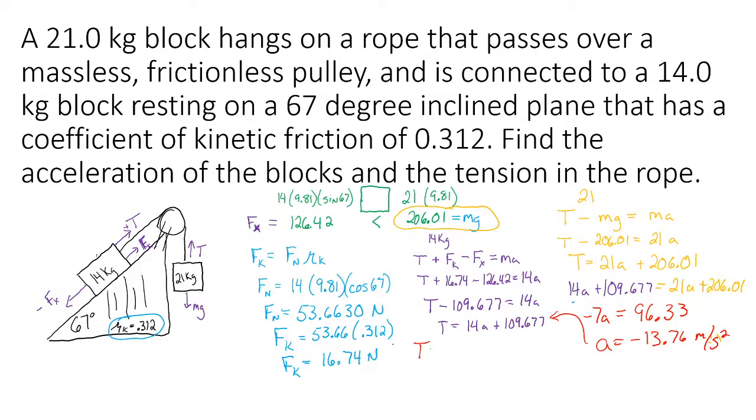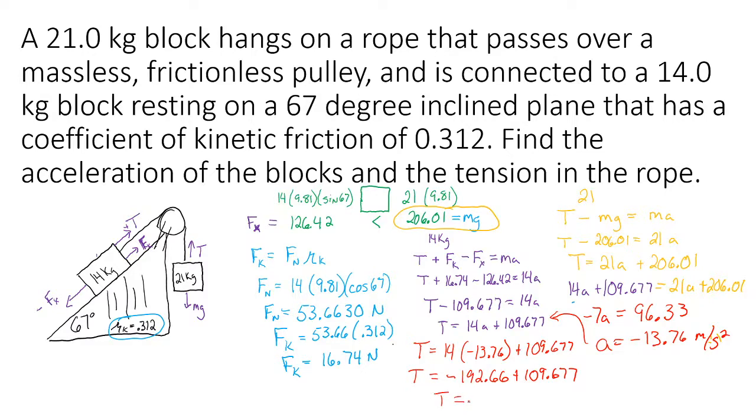So T equals 14 times negative 13.76 plus 109.677. So 13.76 times 14 equals negative 192.66 plus 109.677 equals the tension.